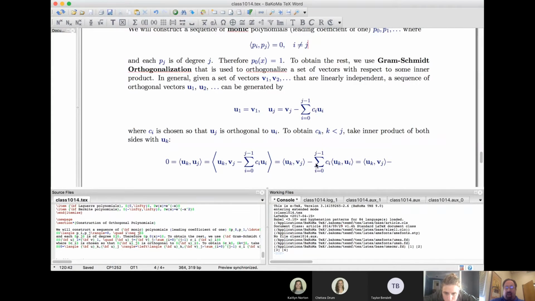So both i and k are within this range. So what if we set i and k equal to each other? Because then we're taking the inner product of it with itself. So we're going to have the term for which i is equal to k.